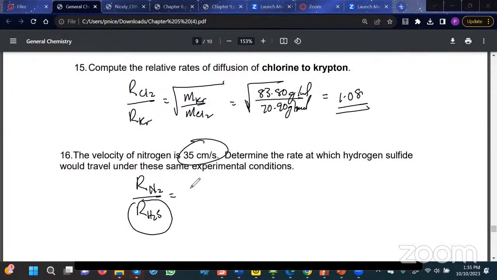So this would be equal to the square root of the molar mass of H2S divided by the molar mass of N2, right? So if we want to find this here, that means that the rate of effusion of H2S would be equal to the rate of effusion of nitrogen multiplied by, what am I doing?